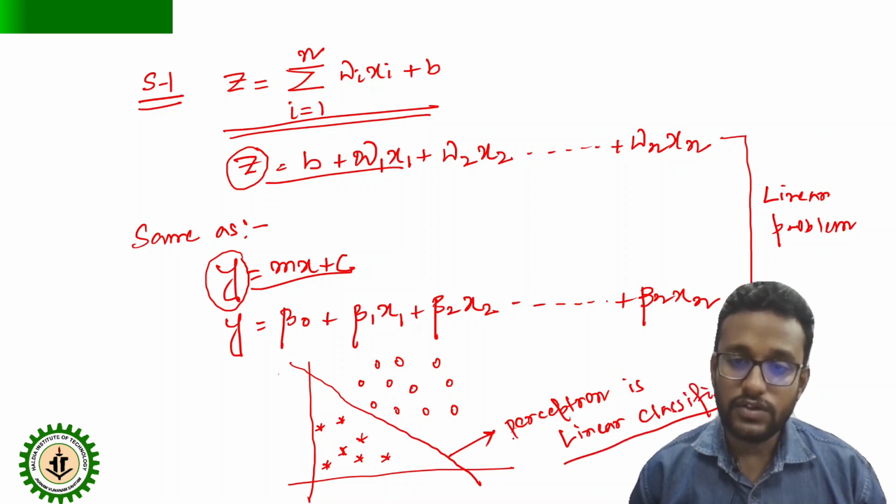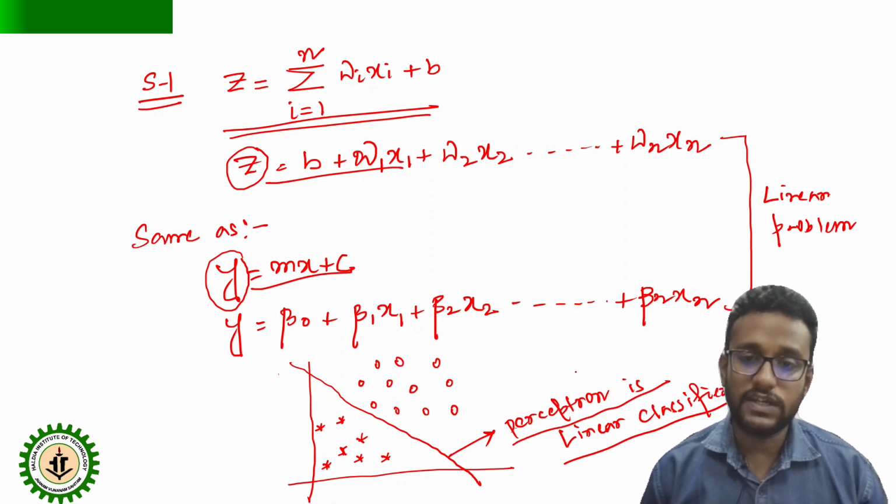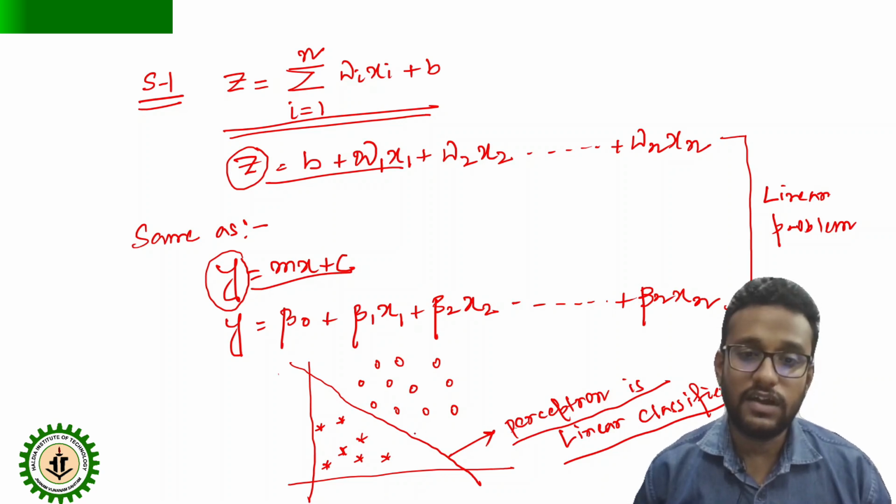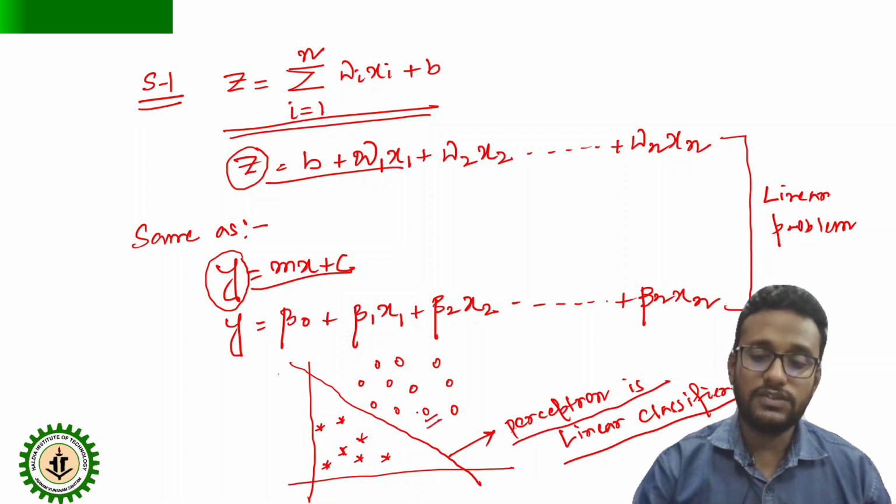Okay, understood? So using the perceptron, the single layer perceptron, we can divide the two symbols, that is the star and the bubble. Okay, understood?